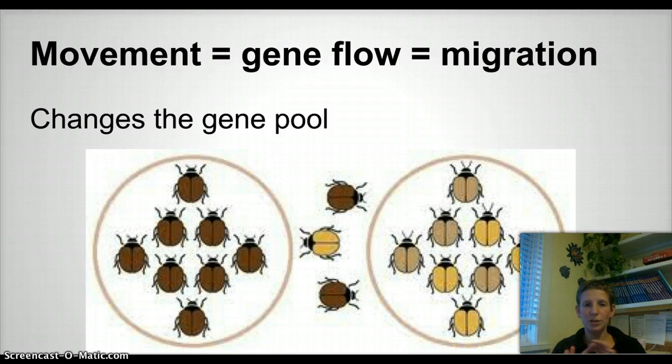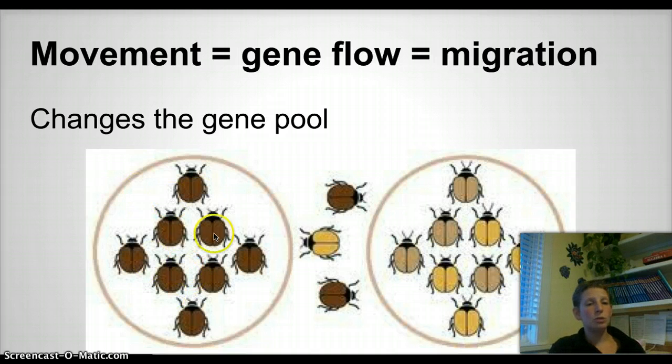Movement, or that pointer finger, what we call gene flow or migration, is when you simply have a transfer. It doesn't have to be equal. It could be some of this population just goes over here and reestablishes, and that changes the genetic makeup of at least the population that got new members, and it will also change the population that lost members, even if they didn't get a new member, because with these genes gone, even the genes within the pool will have to redistribute differently.